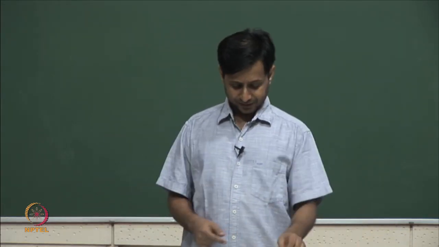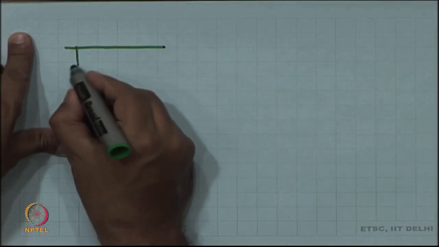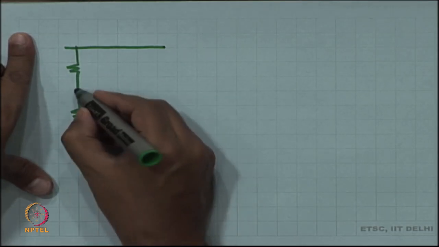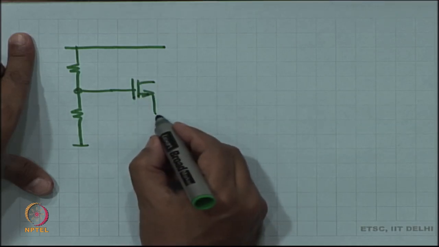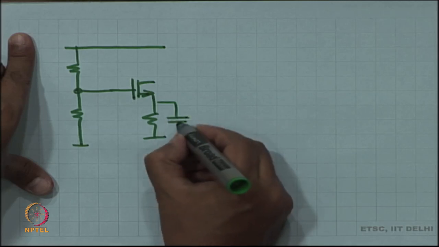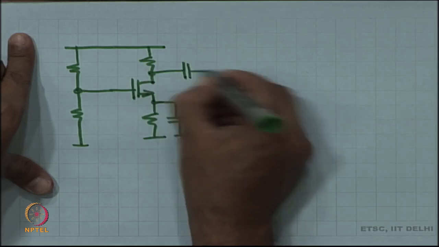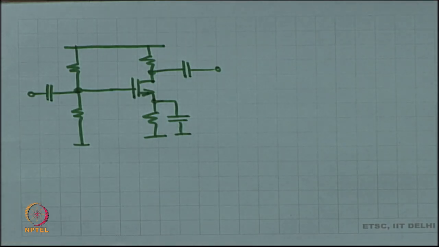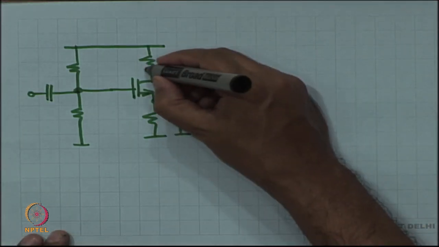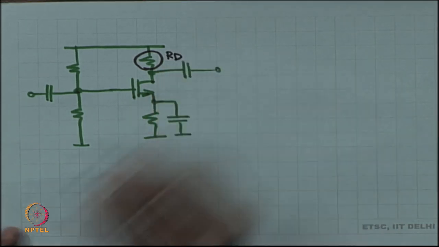Now, in the last class we saw that when you have your standard common source amplifier, we noticed that a lot depends on this resistor RD, right.